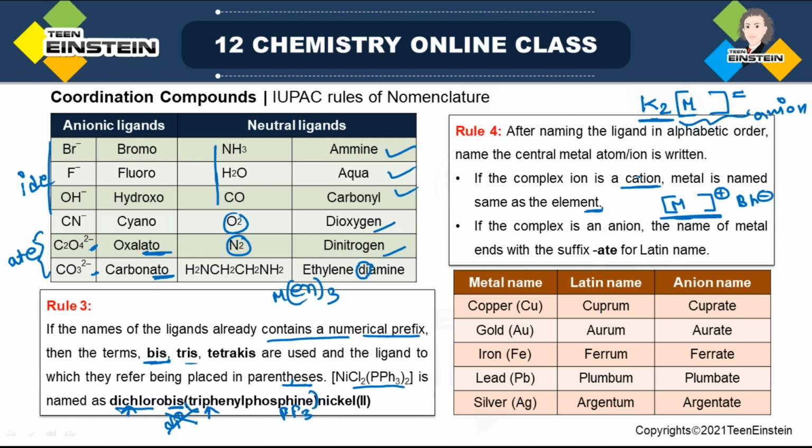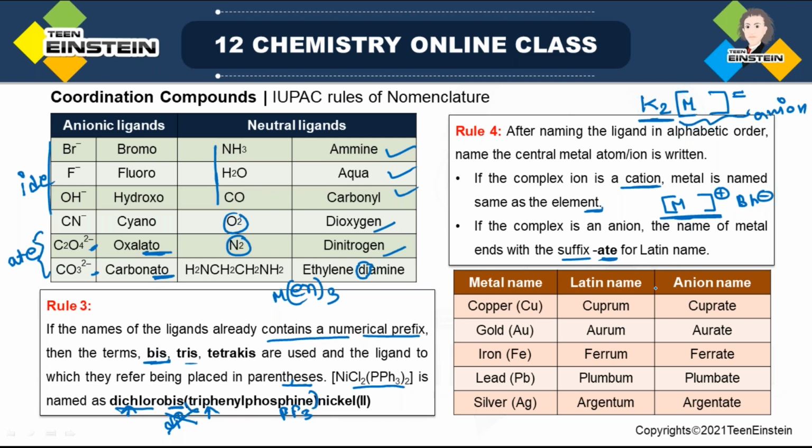Now when you write the name of the metal, you have to use the suffix "ate". So if it is cobalt, you write cobaltate. If it is iron, you write ferrate, like this. And mostly it is based on the Latin name.